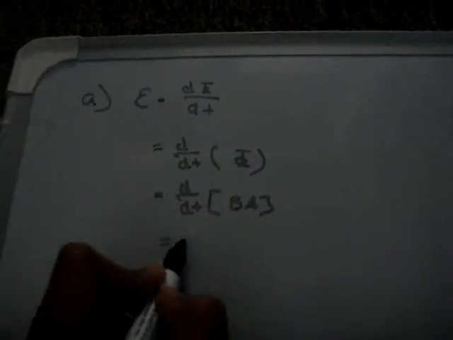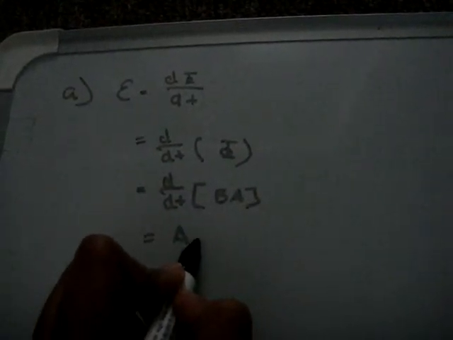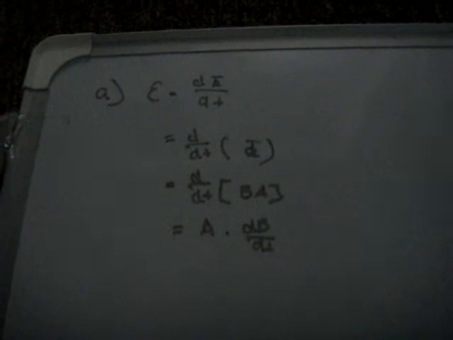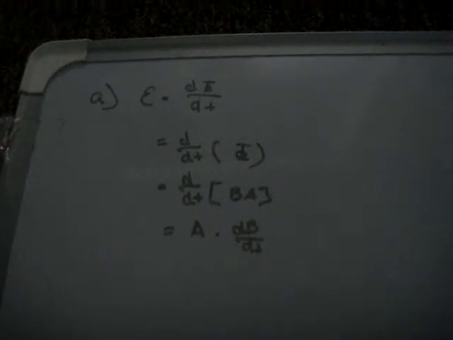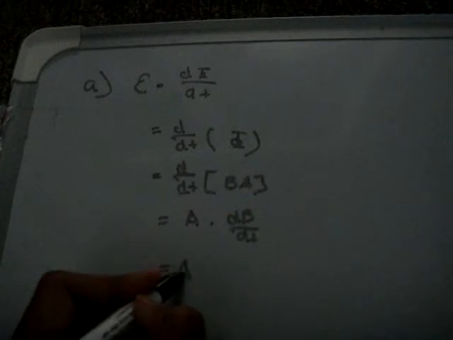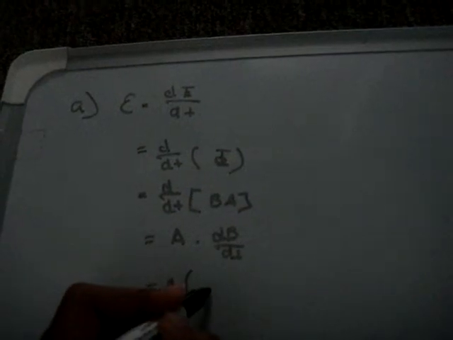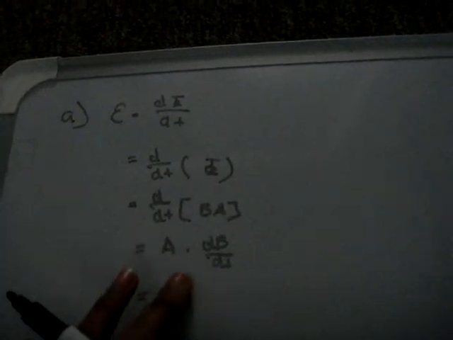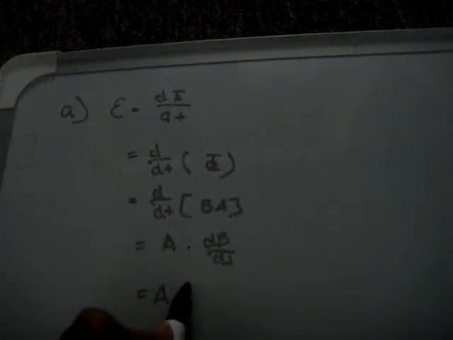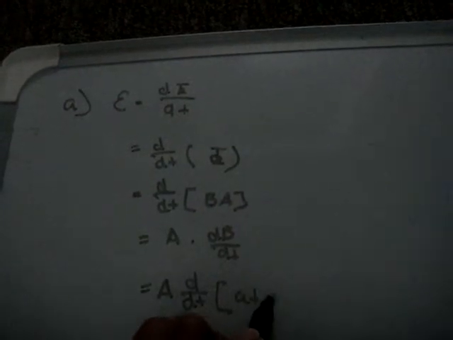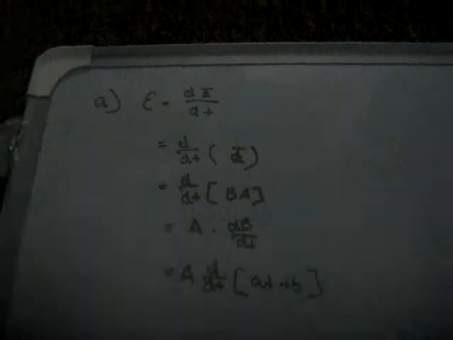So now we can write this as A times dB dt, because they give us the rate that the magnetic field is changing over time. And that's just the formula. So we have A times the derivative of At plus b, because they gave us that B equals this formula.